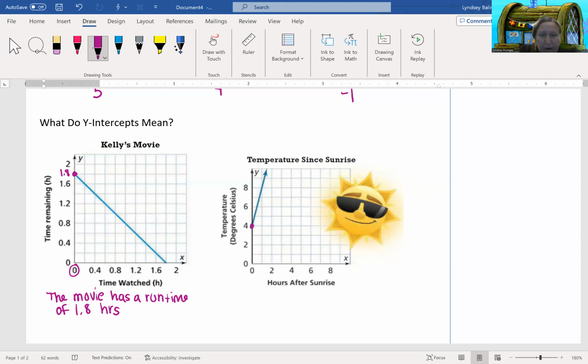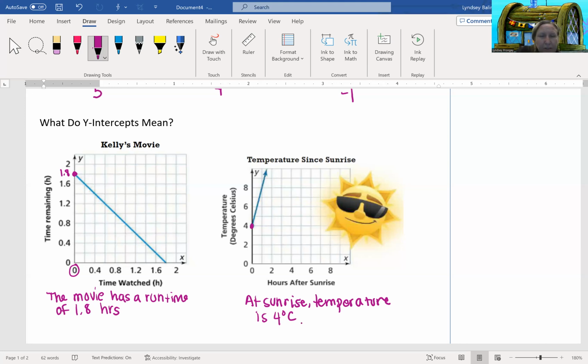Well, the y-intercept is 4 when x is 0. So 0 hours after sunrise. Hopefully we realize that would just be sunrise. So at sunrise, essentially where our day is starting, our temperature is going to be 4 degrees Celsius.